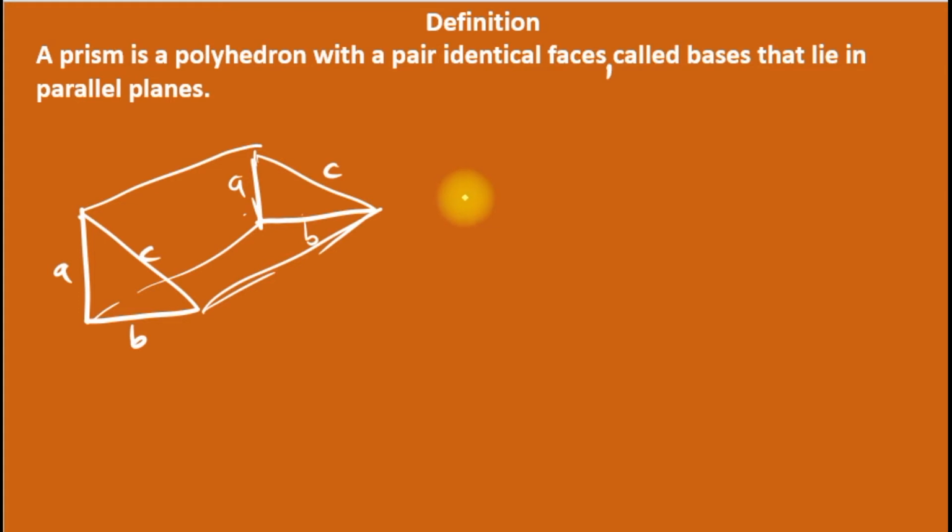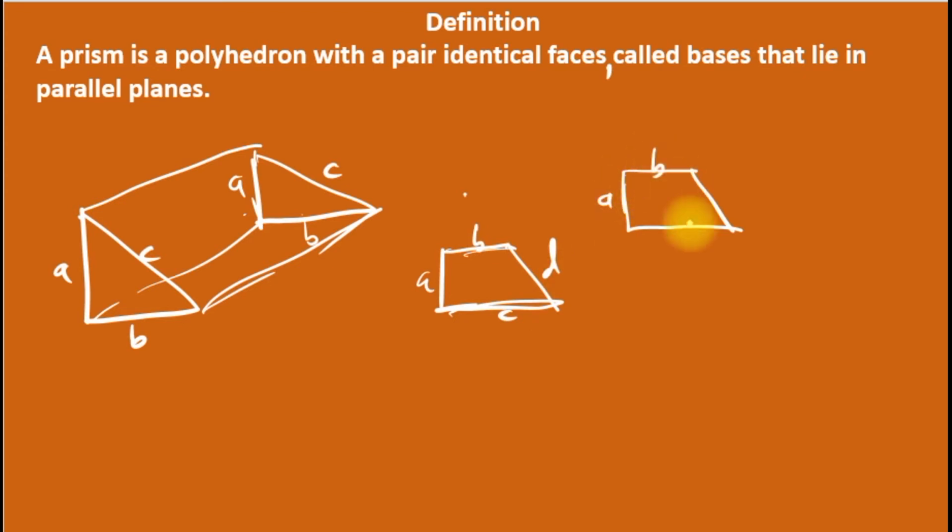Or if you have something like this, they are identical. Maybe if here is A, B, C, D. This is also A, B, C, D. So if you connect this to this, that to that, this to this, this is also a prism.